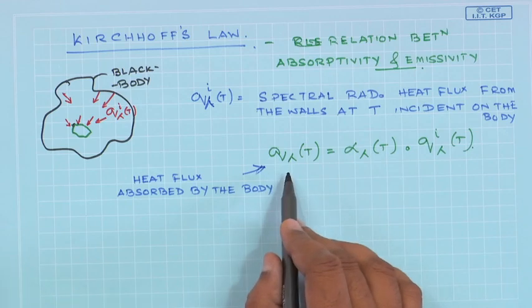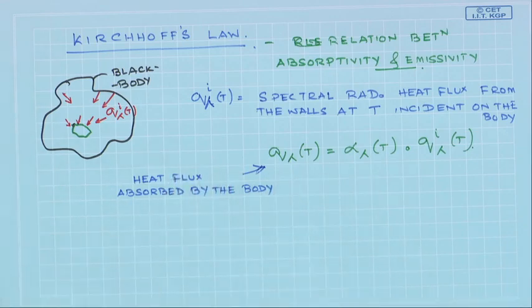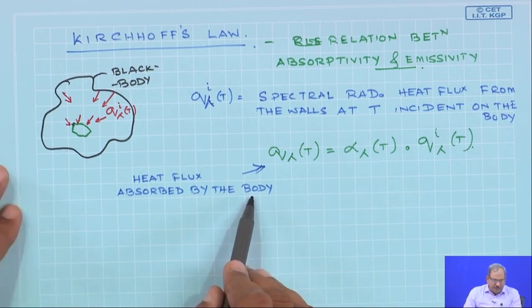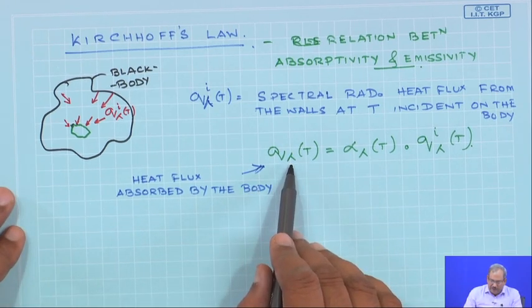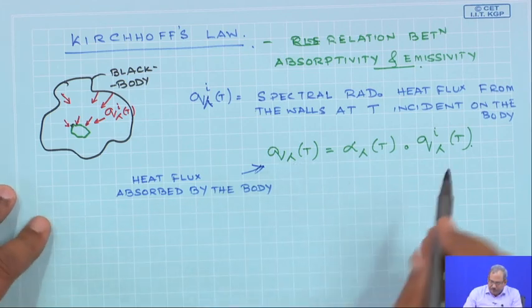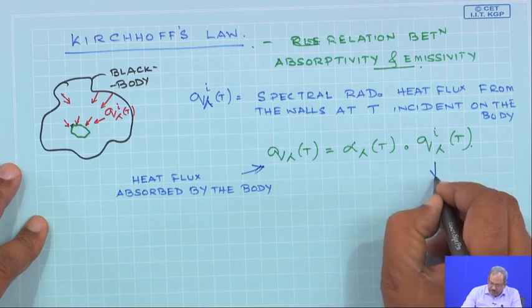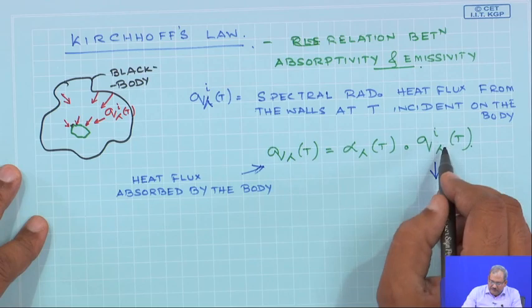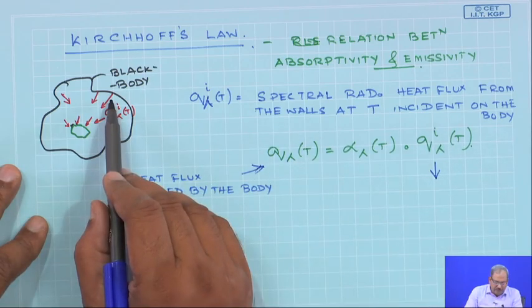If you look at the previous expression, this q_lambda,T, the heat flux absorbed by the body, must also be equal to the heat flux which is emitted by the object. Furthermore, we note that this incident radiation is coming from a black body.